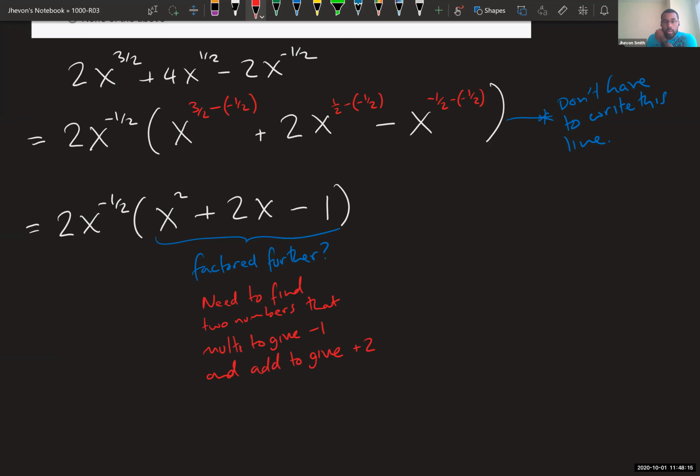Right? And it turns out, no such numbers. No such numbers. So it turns out that this cannot be factored further. So it turns out that this is the final answer.